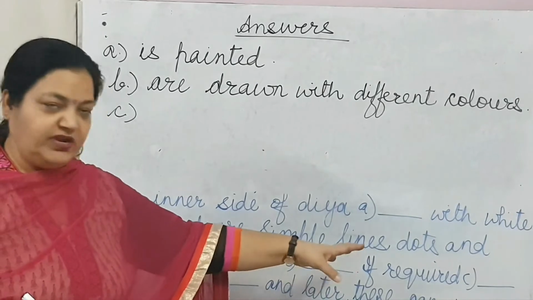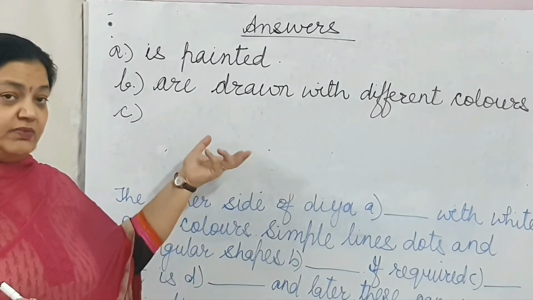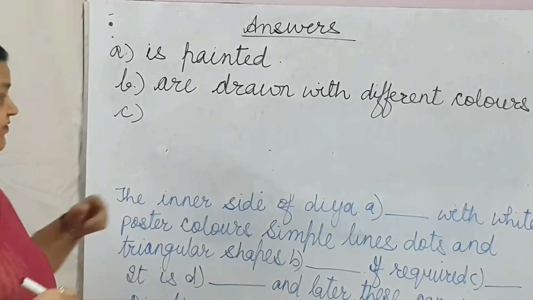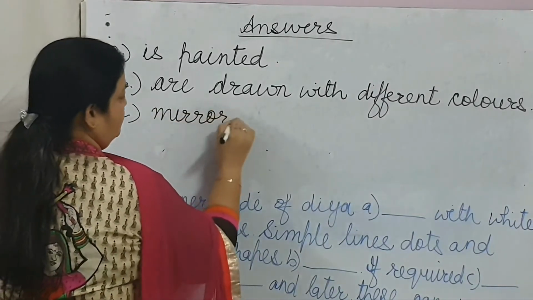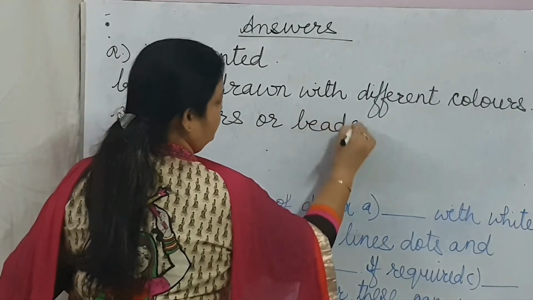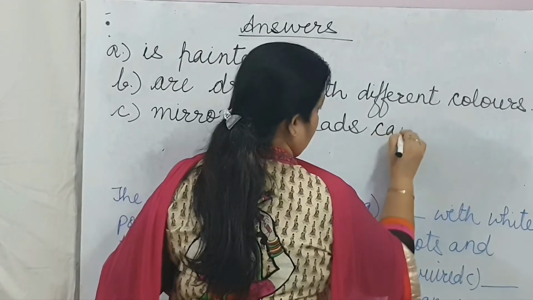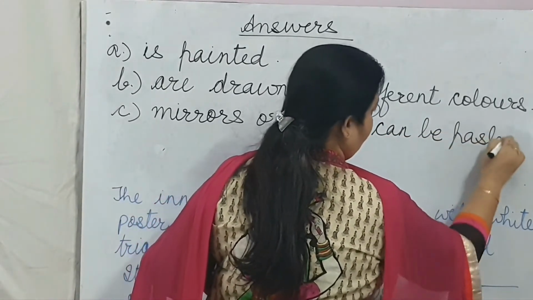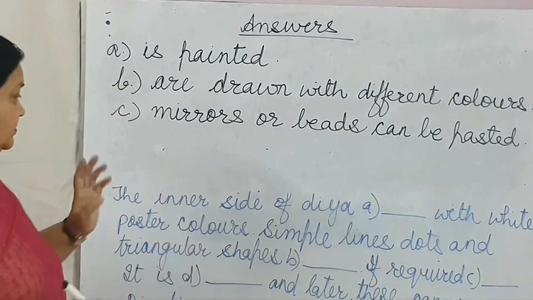C blank says if required, and the instruction you know, if required, mirrors or beads, paste mirrors or beads. So if required, mirrors or beads can be pasted. Because it is saying if required.